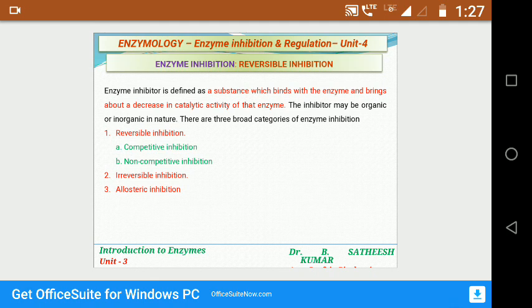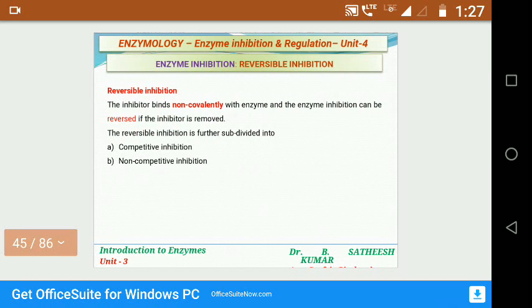In reversible inhibition, there are two subcategories based on the inhibitor binding site. The first one is competitive inhibition and the second one is non-competitive inhibition.